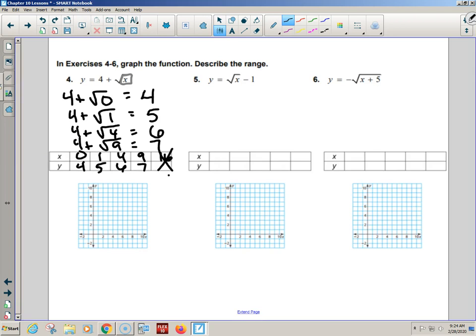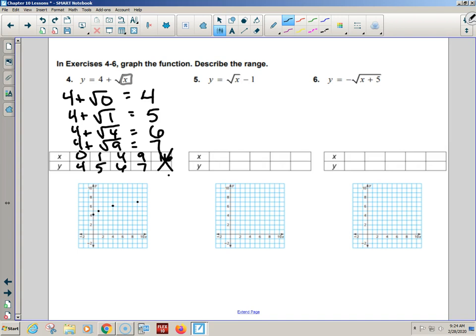So 0 is at 4. 1 is at 5. Then I have to go all the way over to 4, 6. Then I have to go all the way over to 9, 7. Okay, now hold on. It's really important.